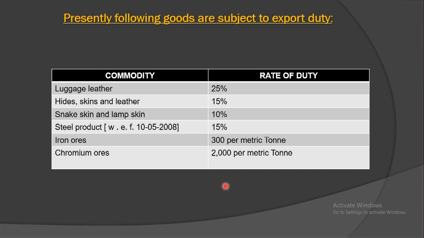There are different rates for these, and iron ores and chromium ores are charged as per the tariff, that is 300 per metric ton and 2000 per metric ton. So presently we have only these goods on which we are charging export duty. Moving to the next slide, refund of export duty.